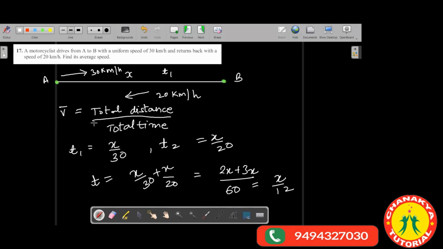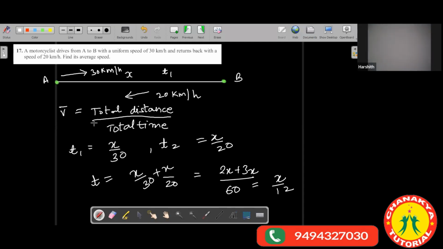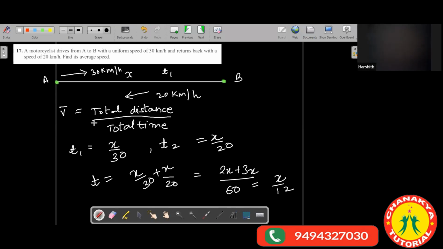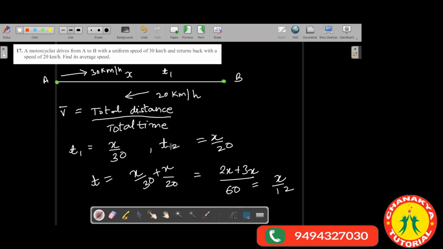And what is the total distance? X. No, not x. It is 2x. Oh yeah. So total distance is 2x. We can write here 2x divided by total time, which is x by 12.